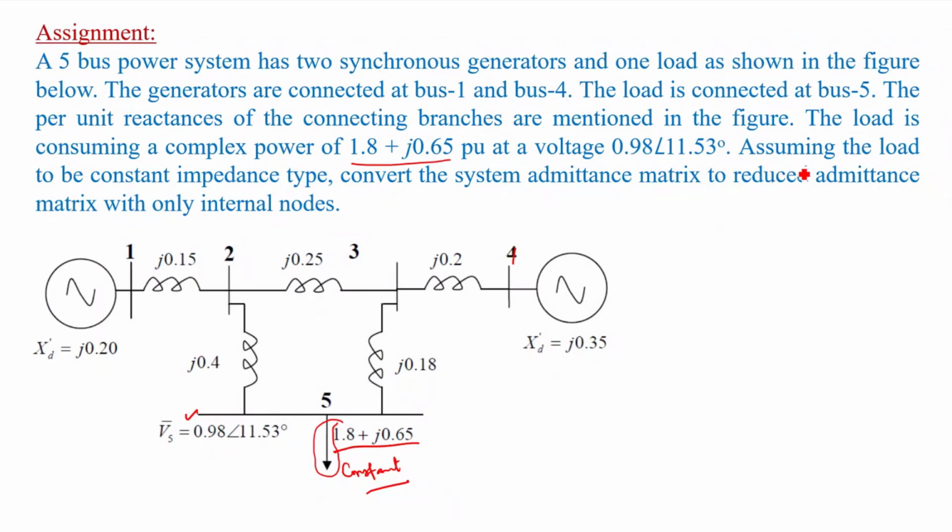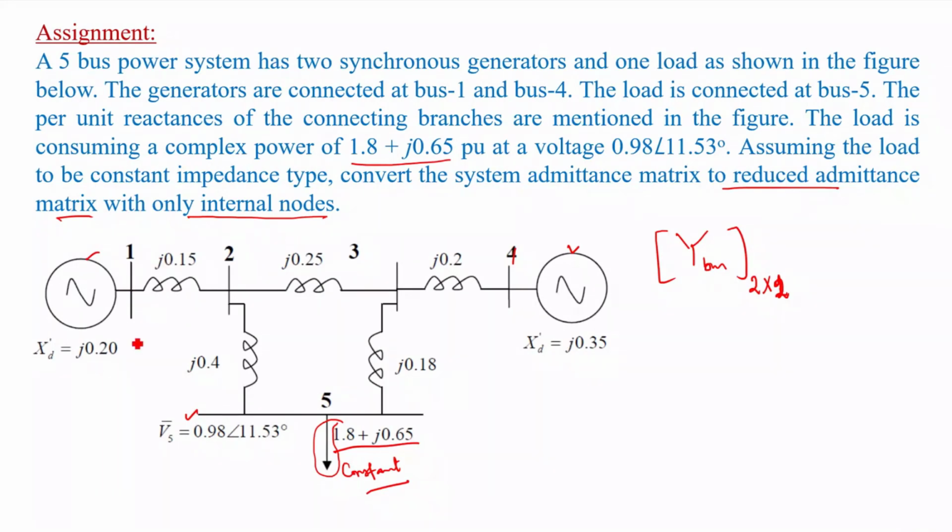So now what you have to do is convert the system admittance matrix to a reduced admittance matrix with only the internal nodes of the generator. That means you will get a reduced Y-bus matrix of size 2 by 2.